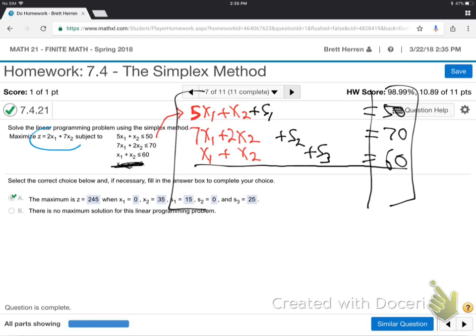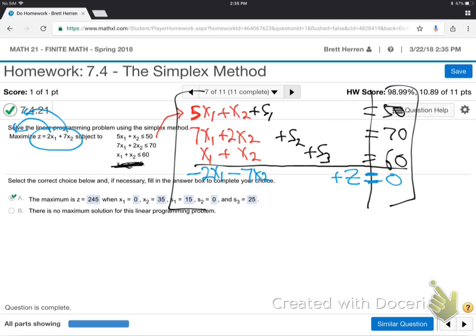We jump these guys to the left, so what do they end up becoming? Negative, because we have to have x1 and x2 on the left. So it becomes negative 2x1, negative 7x2, plus Z has his own column, always equal to 0. Is that good? See how we set that up?